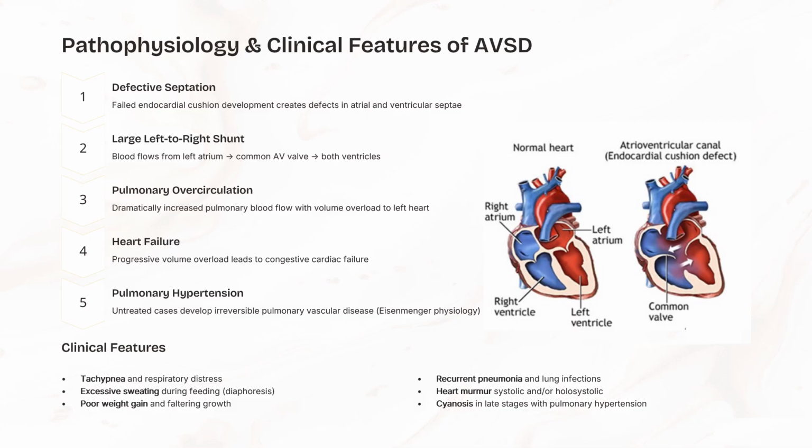Then cyanosis in the late stage: only when the child develops Eisenmenger syndrome will cyanosis be noticed, because conditions like ASD, VSD, AVSD and PDA are acyanotic heart diseases. Cyanosis will not be present until it becomes complicated, like when Eisenmenger syndrome develops, then the child can have cyanosis.